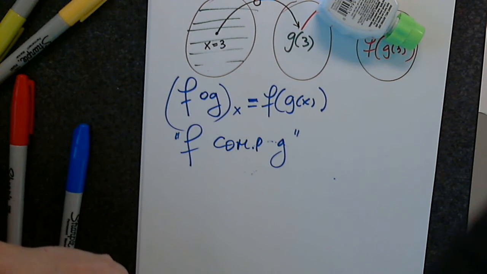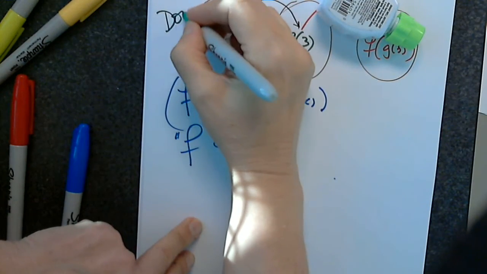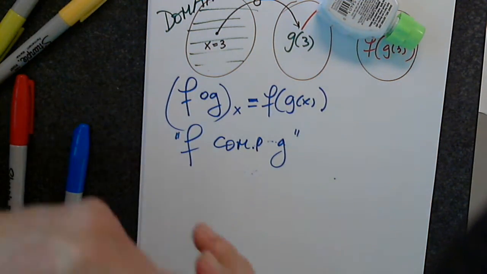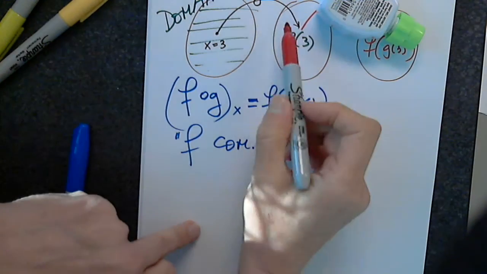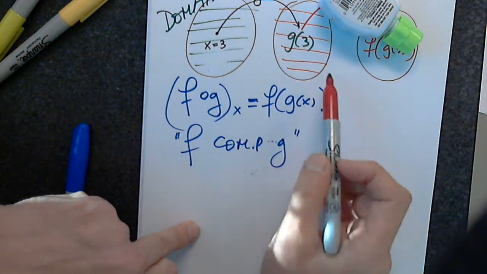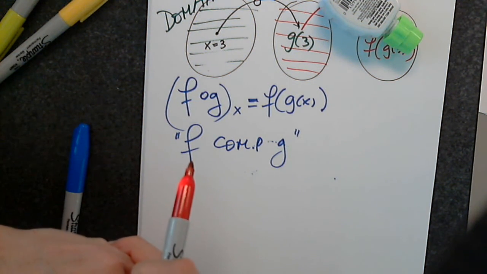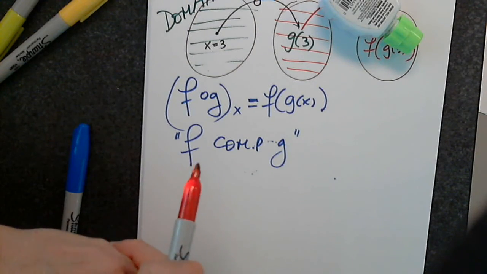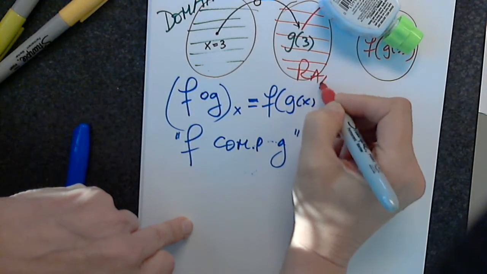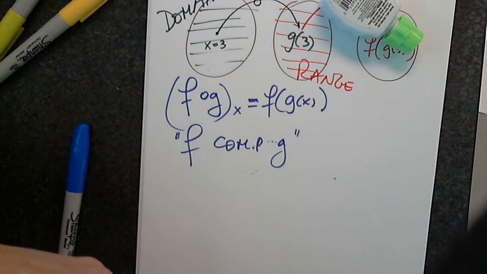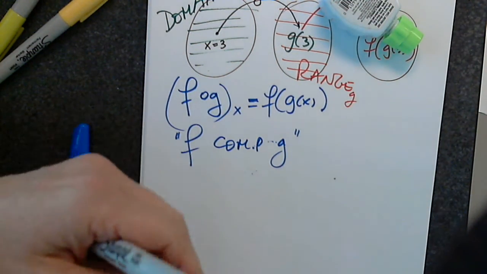No, the set where we pick x from. The domain. Domain, very good. So this is the domain of G. Awesome. Now, can you please tell me, what will this represent for G? Range. Very good. It's the values of G, is the output, so it must be the range of G.